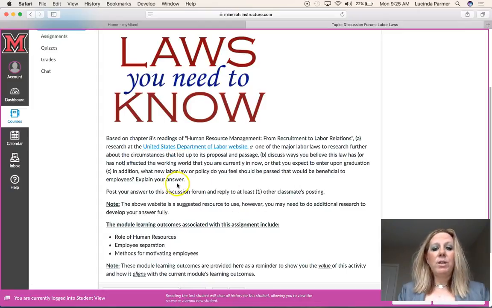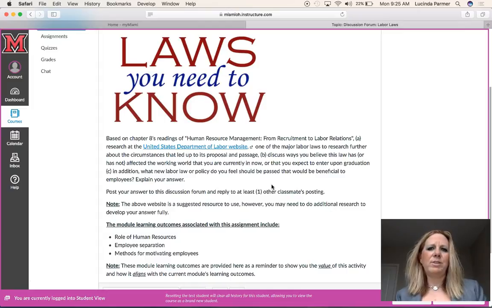In addition, what new labor law or policy do you feel should be passed that would be beneficial to employees? So you're also looking at policy making here, which is important, and you're going to be analyzing some of that. So it's interesting to see what type of labor laws, employment laws, you feel should be in place that aren't, particularly in the U.S.